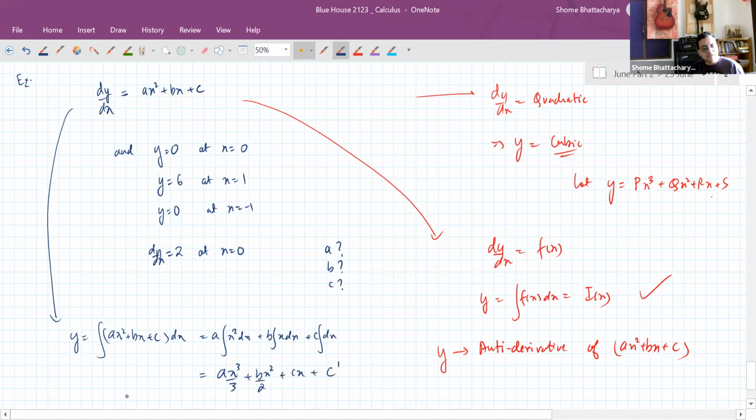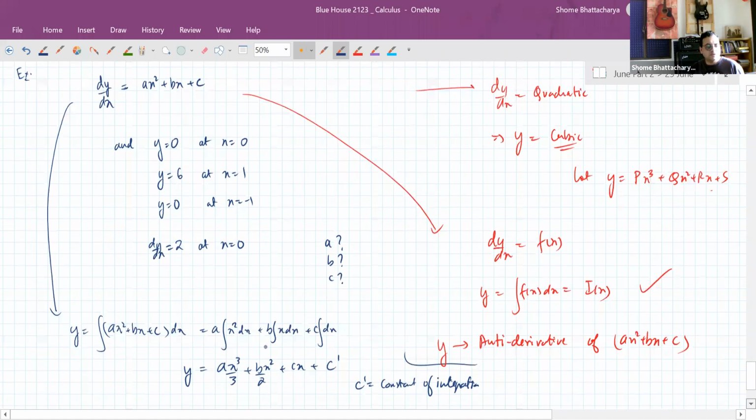Now let's write this constant as some c prime. So here our constant of integration is c prime, whereas a, b, and c are those definite values. Now we have to find each of these.